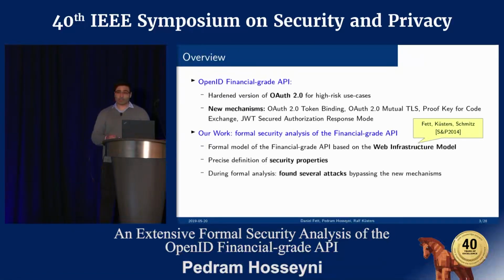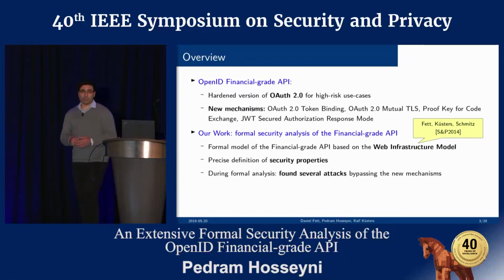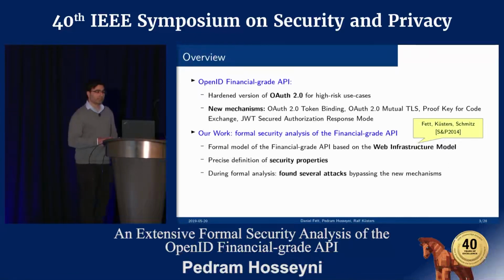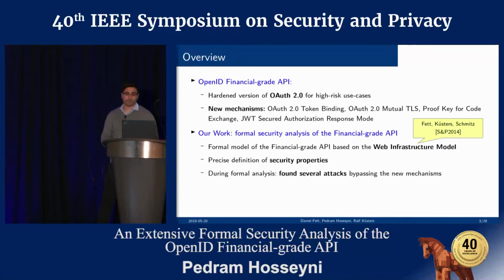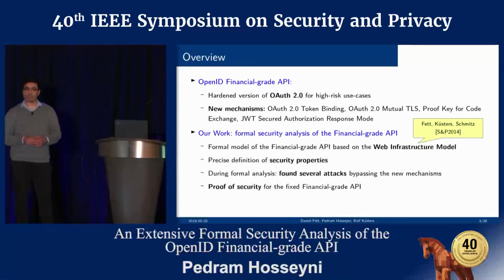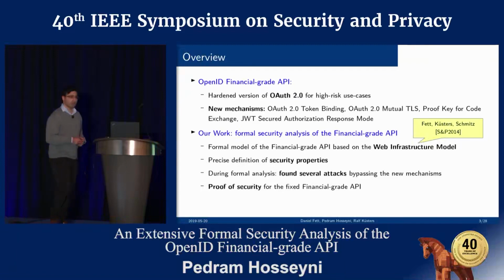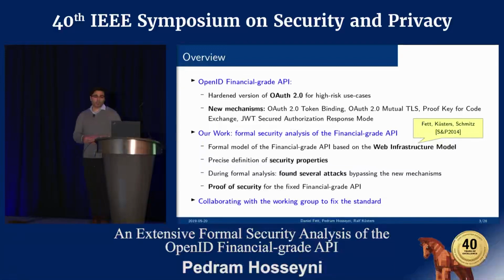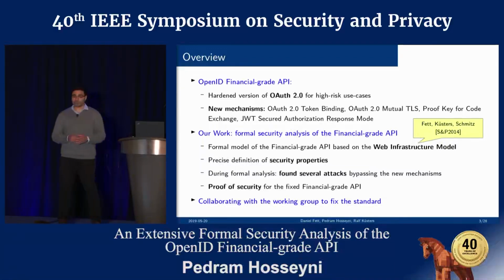Then, during the analysis, we found several attacks not only on the financial grade API itself, but also on some of its new security mechanisms, which are independent of the financial grade API. We also provide fixes for all attacks that we found, and finally prove that the financial grade API within our model is secure. We are also working with the OpenID Foundation for fixing the standard.